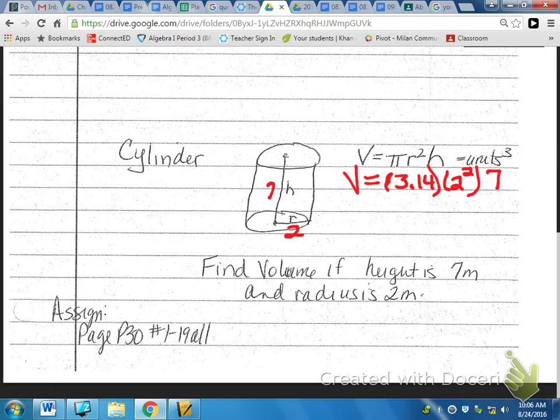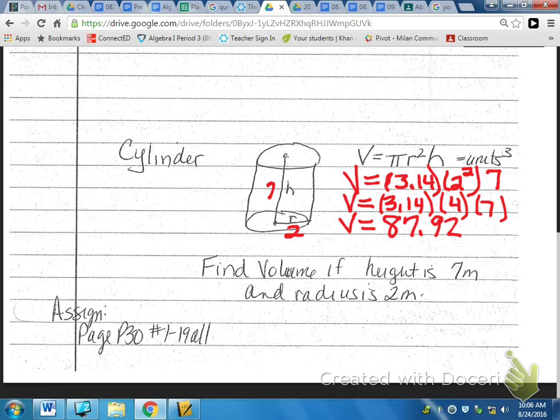So we are following order of operations. Please make sure you do your exponent before your multiplication. So this is now 3.14 times 4 times 7. Go ahead and multiply all those 3 together. You would get 87.92.